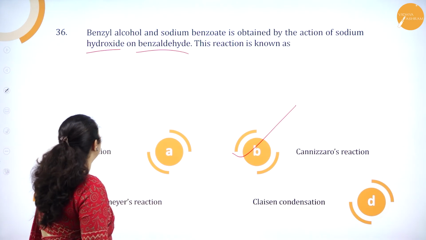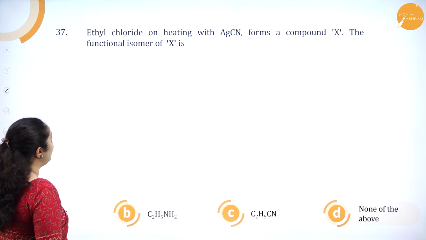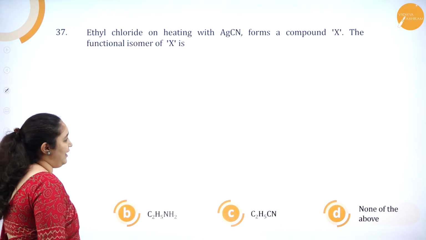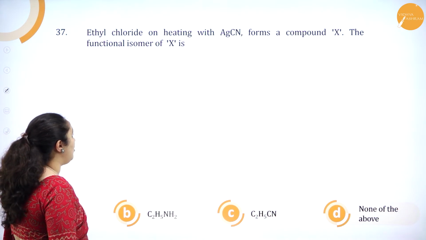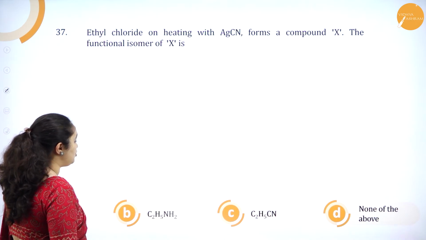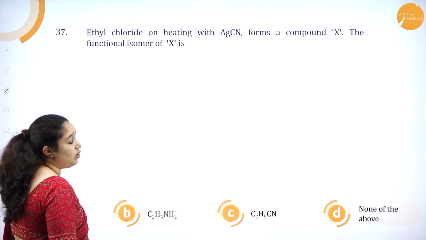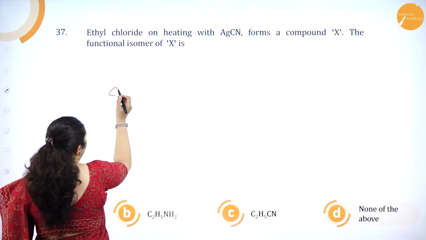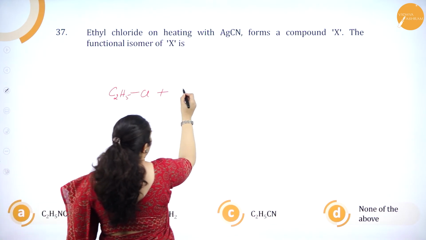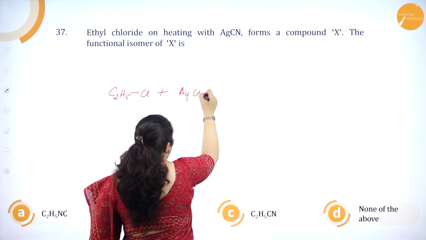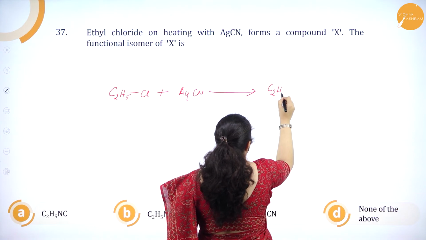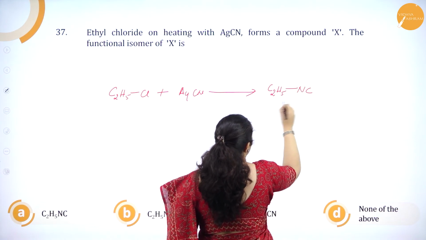Okay. Next one. Ethyl chloride on heating with AgCN forms a compound X. The functional isomer of X is C2H5NC, C2H5NH2, C2H5CN, none of the above. See, first of all, ethyl chloride, C2H5Cl, when it is heated with AgCN, the product which is formed is C2H5NC, isocyanide.